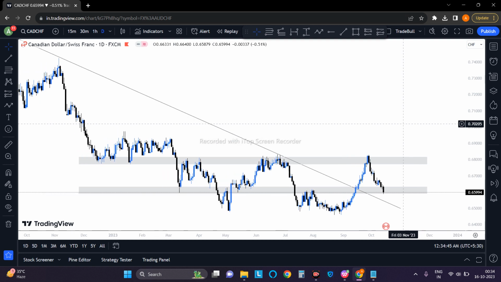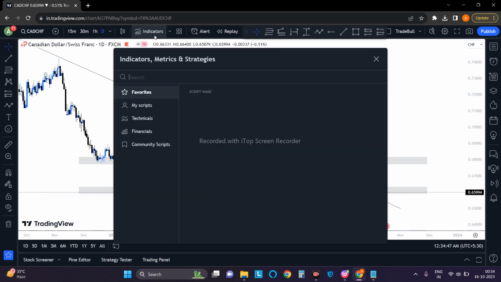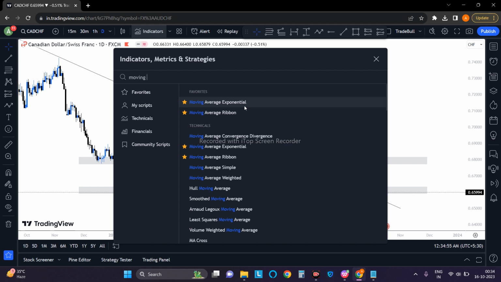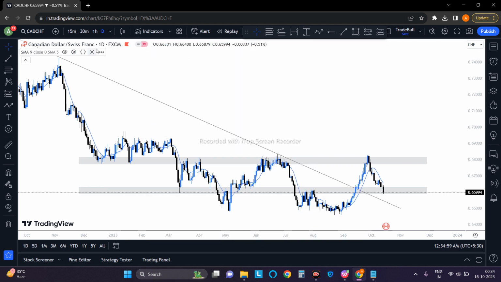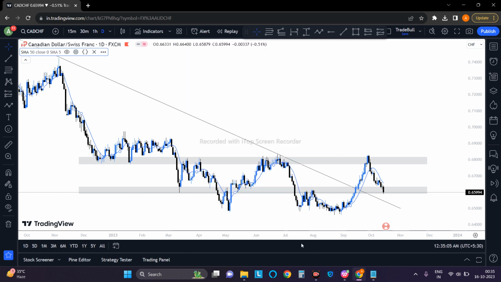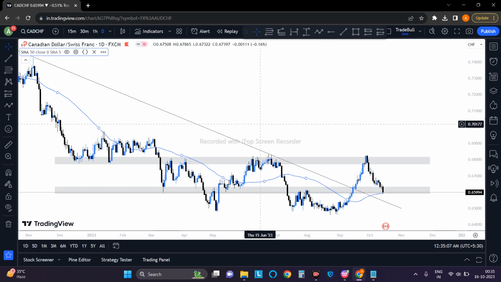There is one more factor that I saw. Let me bring a moving average, a simple one, and let's select a 50 moving average, and you can see it right here.